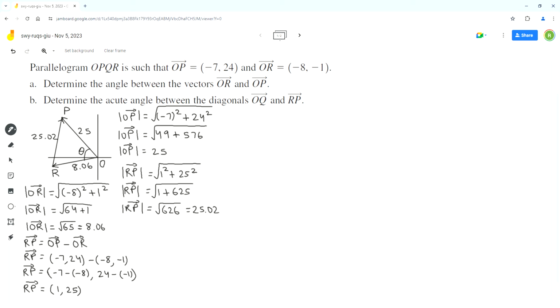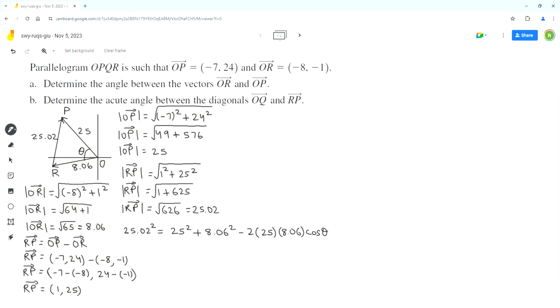And since angle theta is opposite to the side with length 25.02, we'll start the cosine law equation with 25.02. Now we can evaluate the squares.